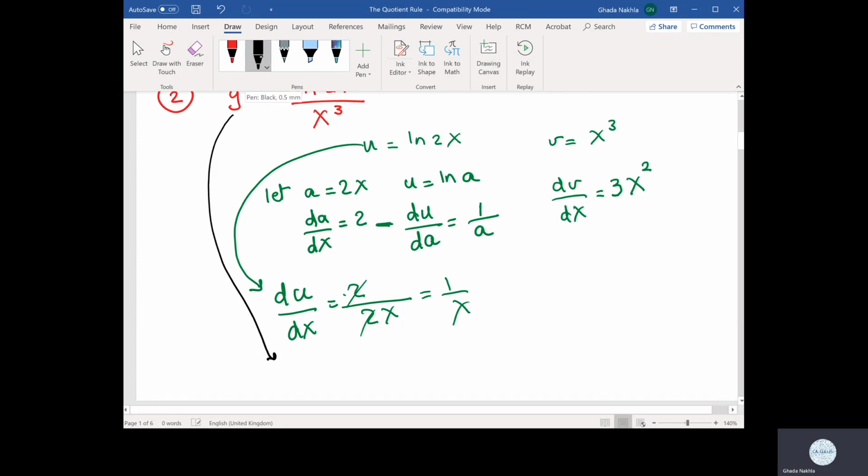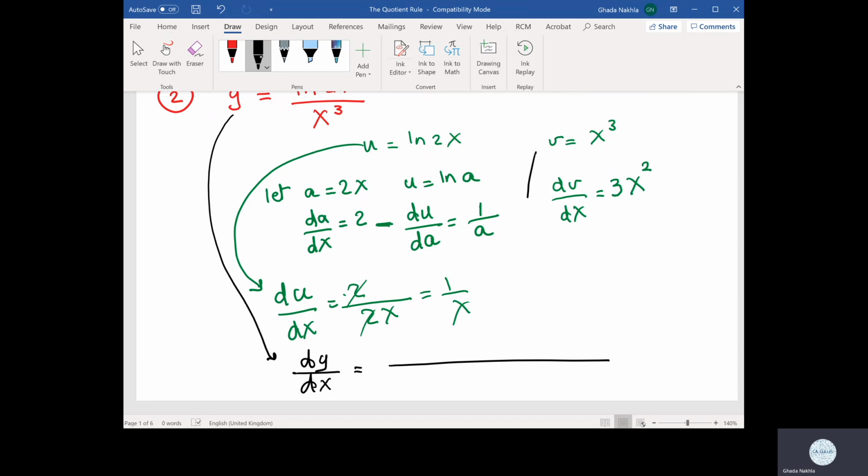Yeah. So dy by dx is equal to v multiplied by du by dx. I'm applying the rule. So 1 over x times x cubed, which is x squared, minus u multiplied by dv by dx.